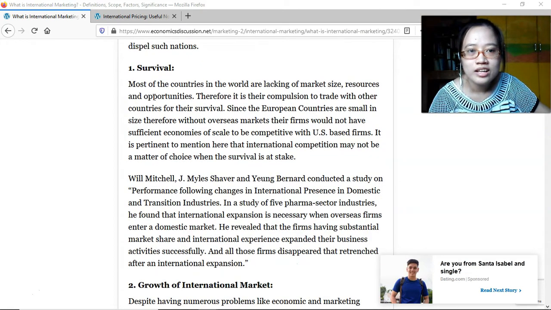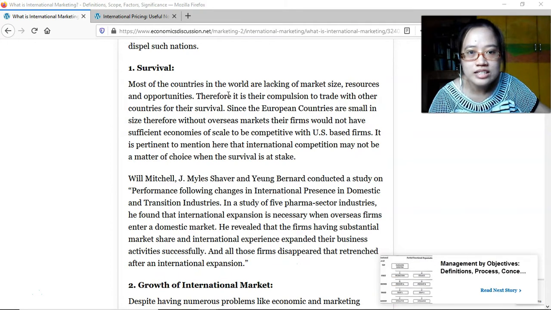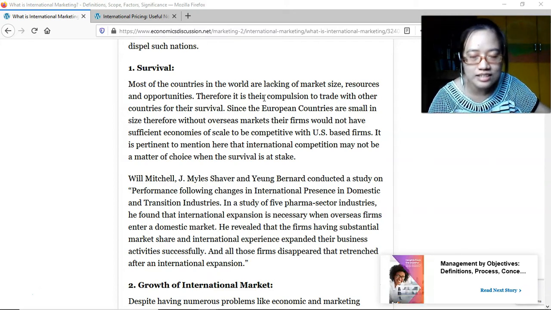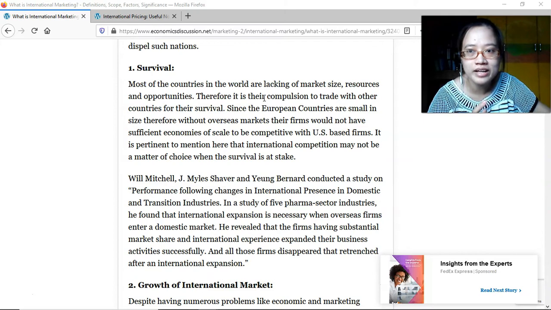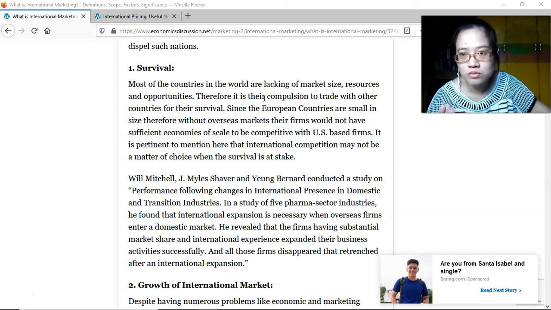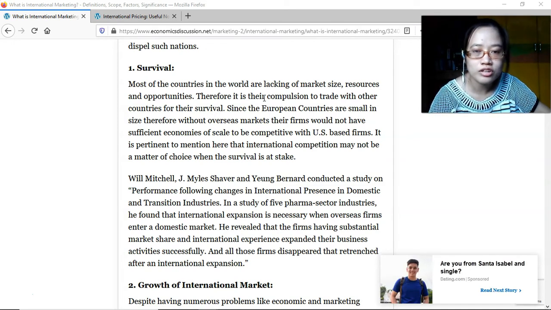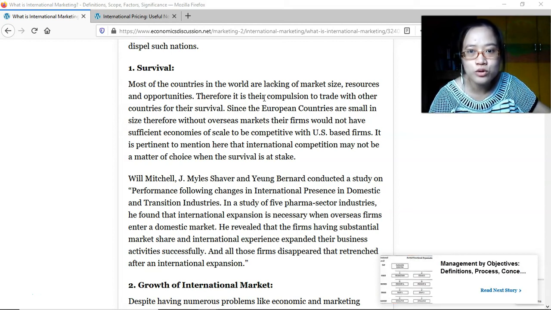Okay, first is survival. Most of the countries in the world lack market size. They probably have the capacity to produce many products in their country, but there's just limited demand for it. So for the excess capacity or excess production, they could carry it to a different country for the demand, resources and opportunities.